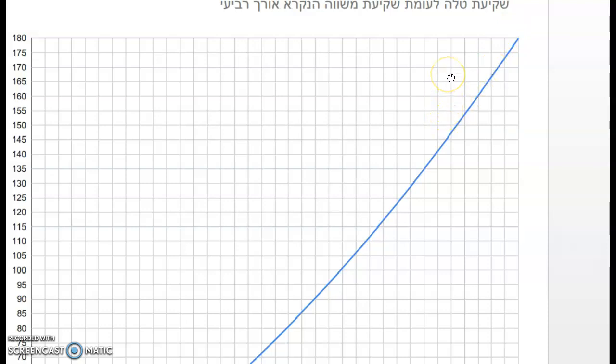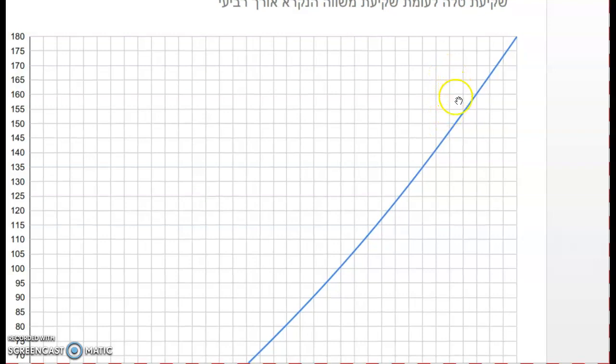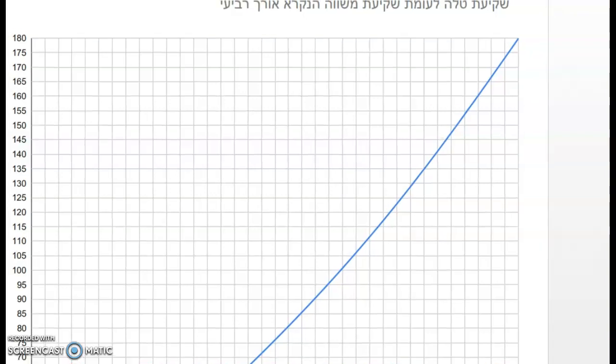This graph is made in such a way that you don't need to show everything from 0 to 360. It's sufficient to have here 0 to 180, and then we know automatically 180 to 360.